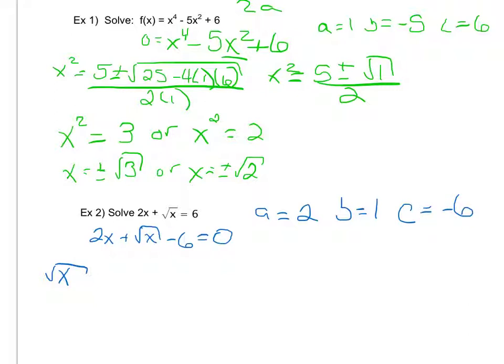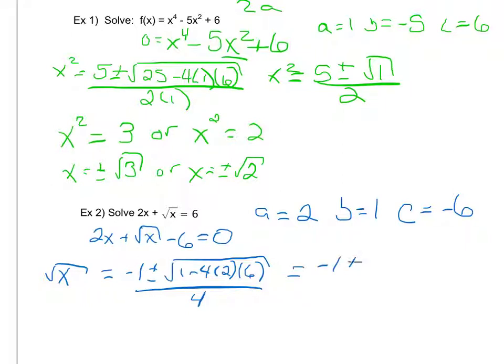And I'm going to get the square root of x equals negative b plus or minus the square root of b squared minus 4 times a times c, all over 2a, which is negative 1 plus or minus the square root of, and I'm sorry, this should have been a negative 6 in here, making that 1 minus a negative 48, so I get 49 all over 4.